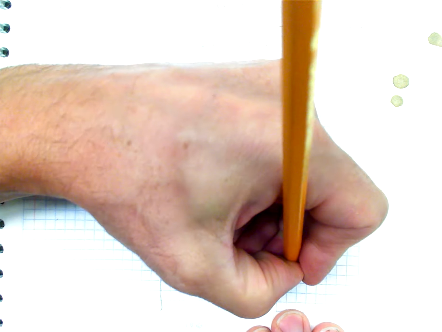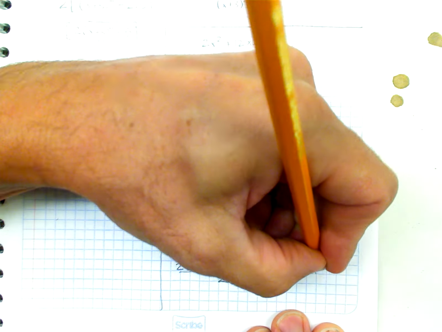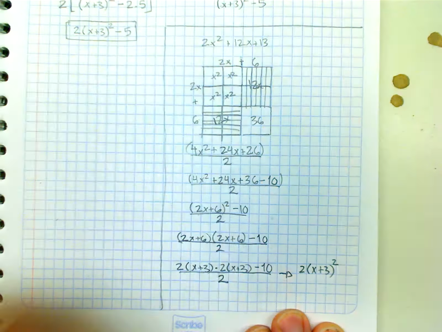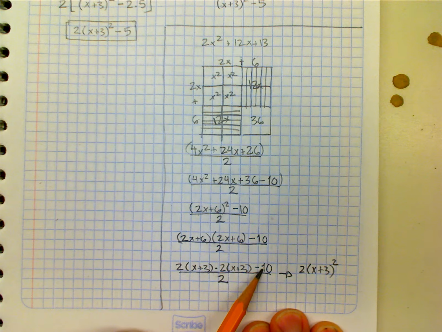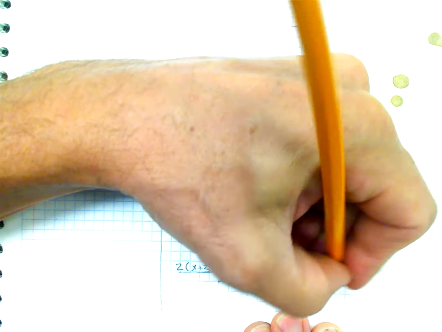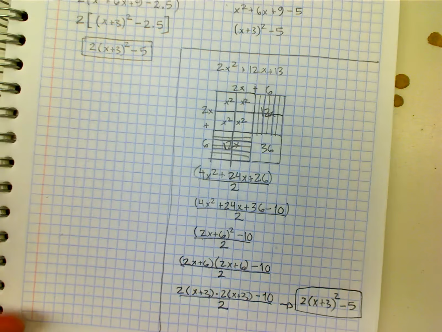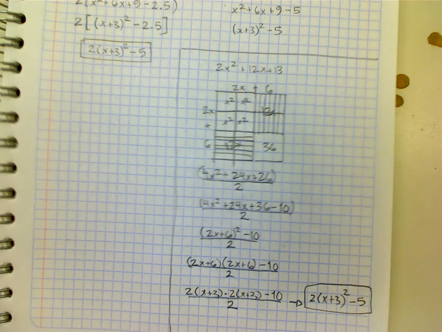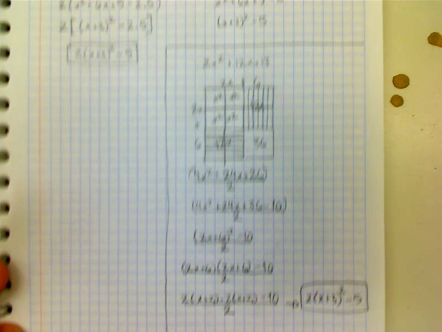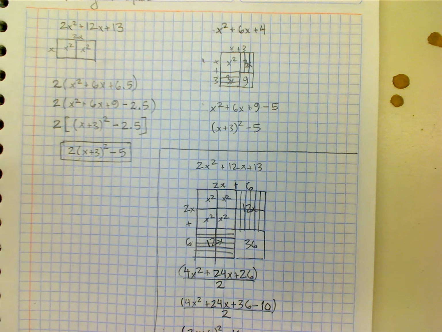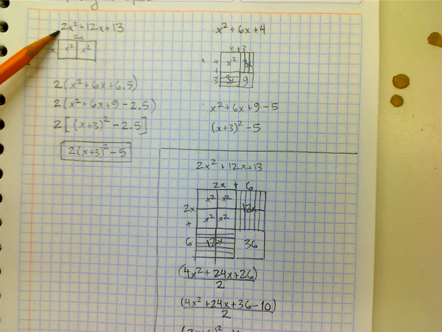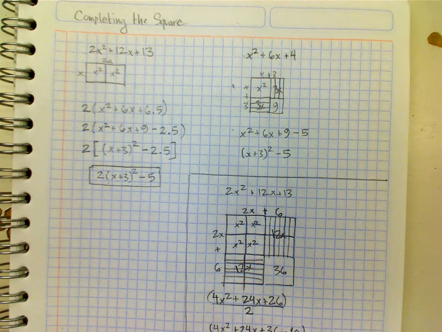So this becomes 2 times x plus 3 squared. And then if I divide my negative 10 by 2, I get negative 5. And there you go. I've got the same answer here that I got the first time that I did it. So there's a couple of different approaches for completing the square with this leading coefficient other than 1.